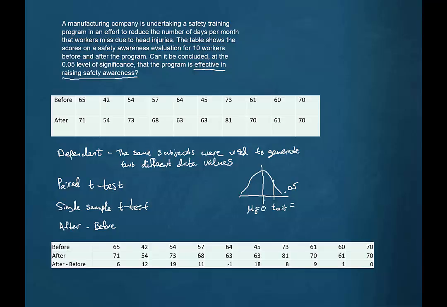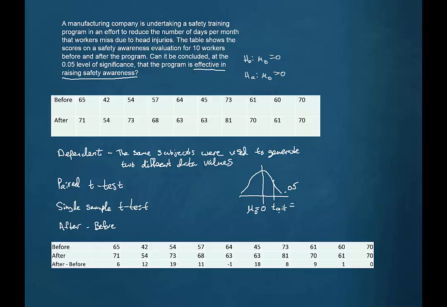And so right here in the center it would be 0, and anything to the right of that would be positive. So now we need to design our hypotheses. The null hypothesis should be that the mean difference is equal to 0, and the alternative hypothesis should be that the mean difference is greater than 0.